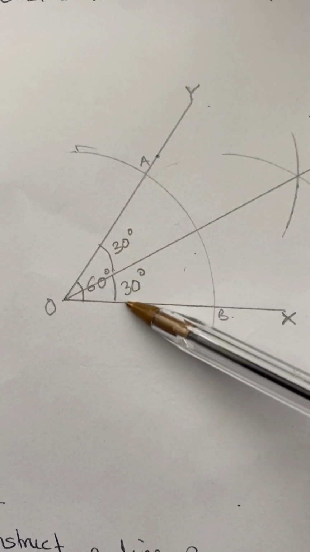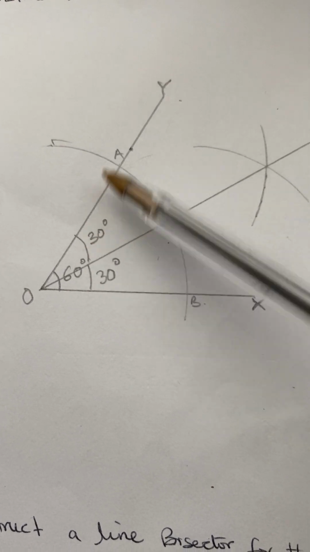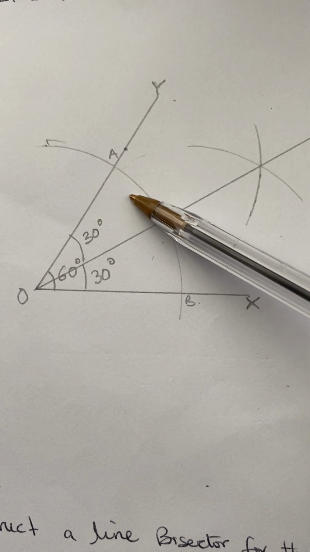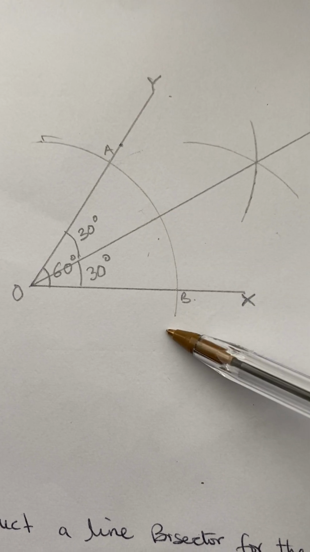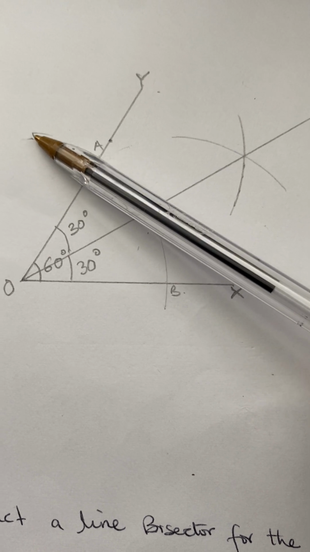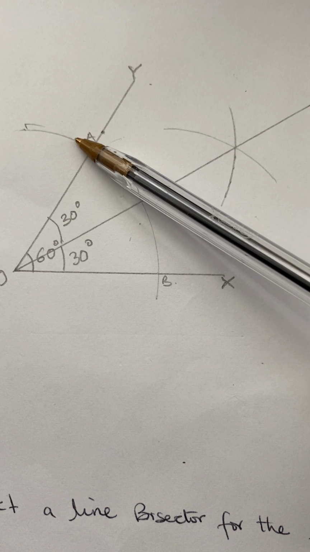Now the second example we looked at, we were not given any measurement. We were asked to draw 60 degrees. Okay, so again, now we need a reference. So we use our compass of a reasonable size, drew an arc to cut OX and OY.